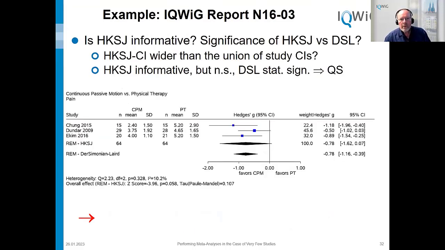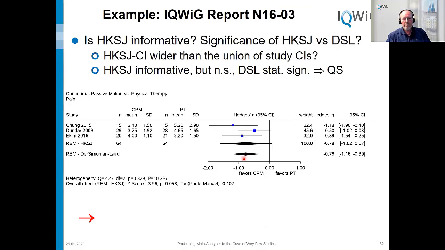Another example, again 3 studies, but now 2 studies are significant and 1 is not. Here's the result of Hartung-Knapp-Sidik-Jonkman. The confidence interval is not smaller than that of DerSimonian and Laird. So it's also informative, but here we have the difficult situation. We have 2 results.